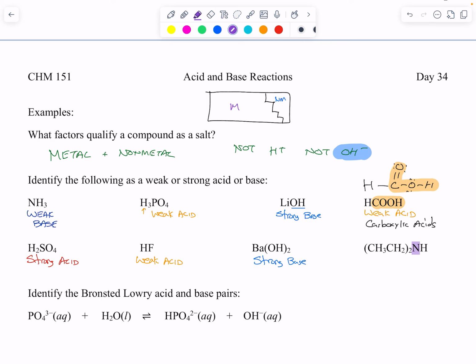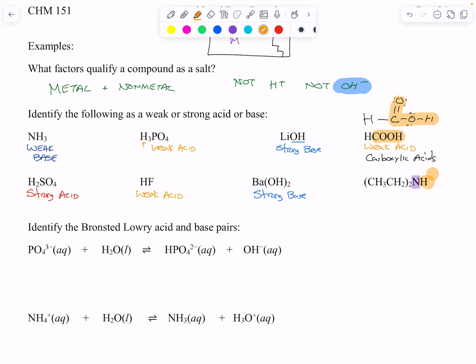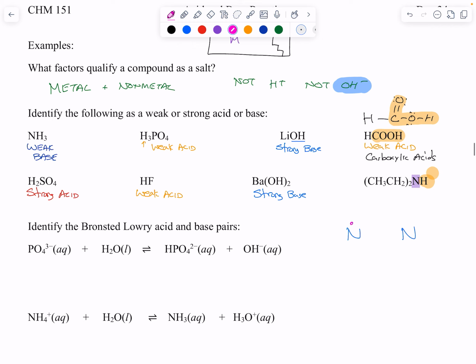Now I have an N. I also have an H. But there's no positive. It's neutral. All right, what does that mean? Well, I'm glad you asked. So if I have nitrogen, there's two options for nitrogen. One has a lone pair, and the other one does not have a lone pair.